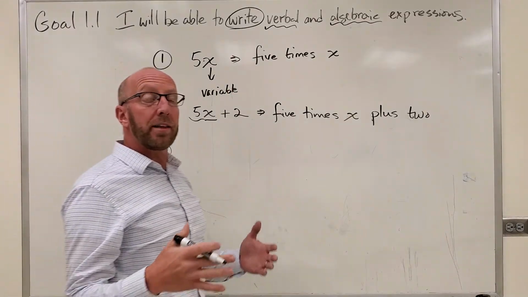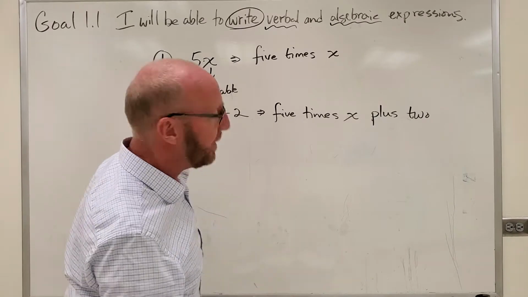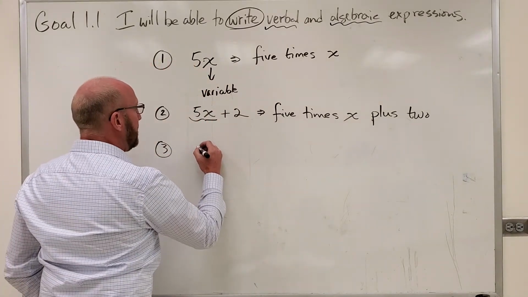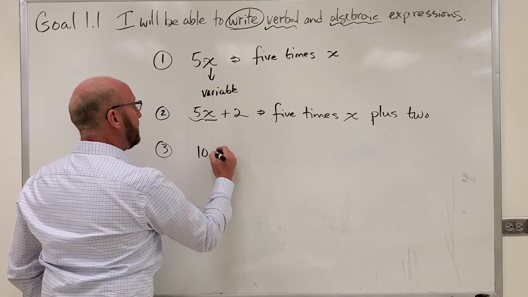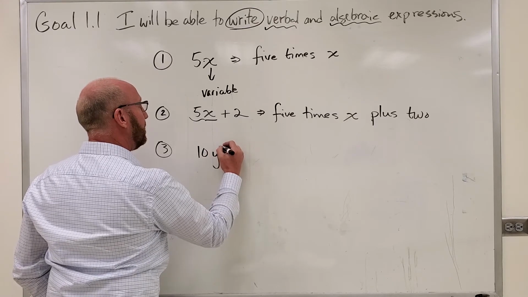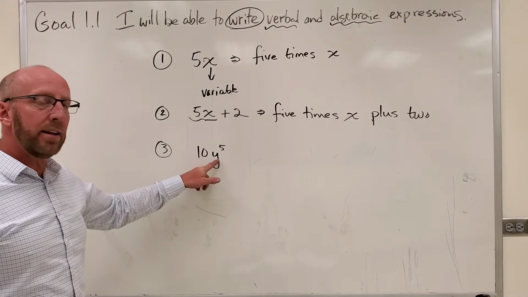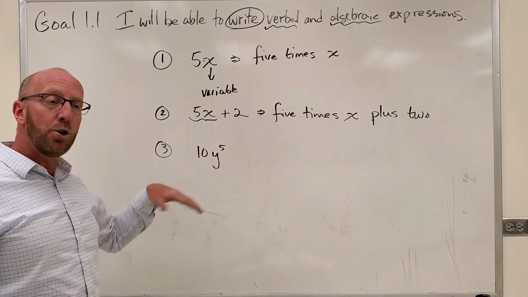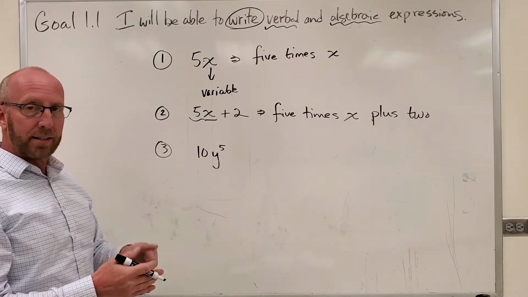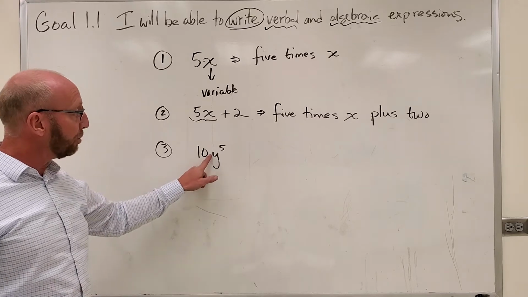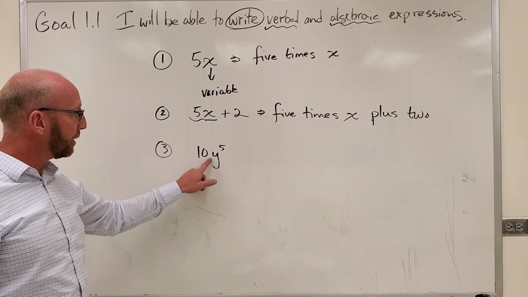I'm going to do one with exponents, so they get an idea how to do an exponent. Let's do 10y to the 5th. Okay, so now in between the 10 and the y, it's times. There's no add or subtract sign, there's no division sign, so this is a multiplication product. It's a multiplication.